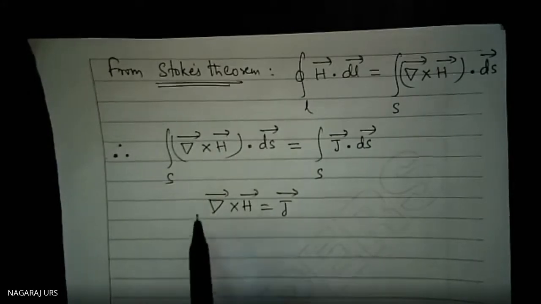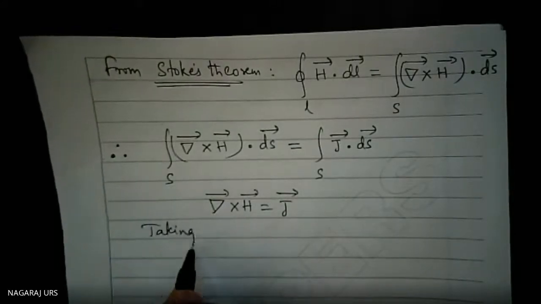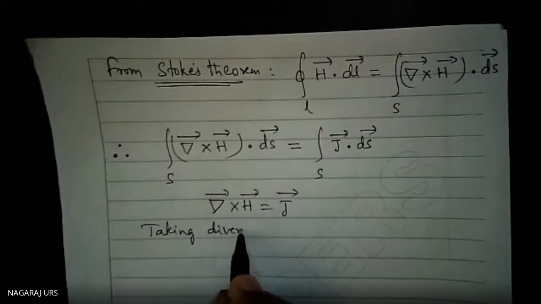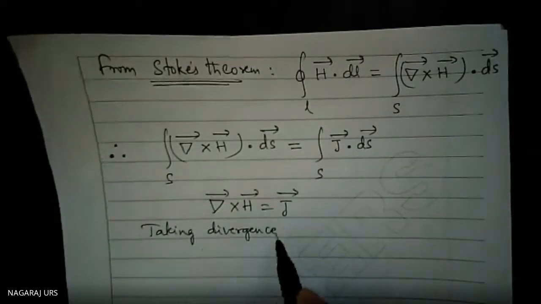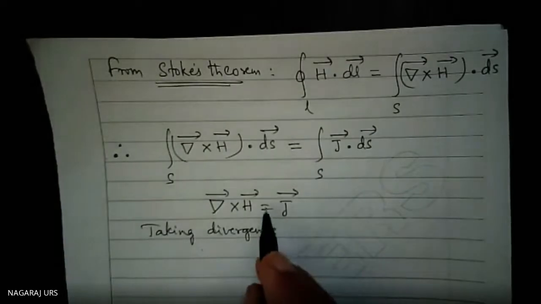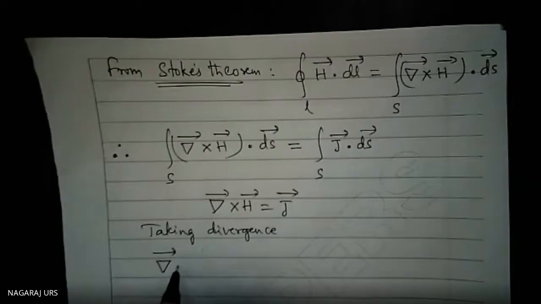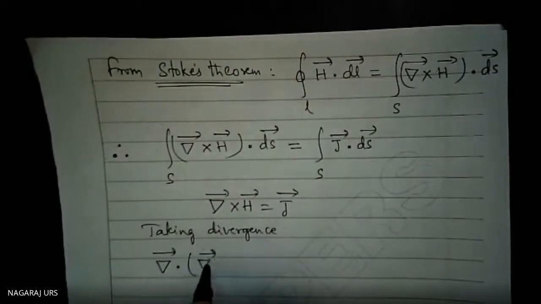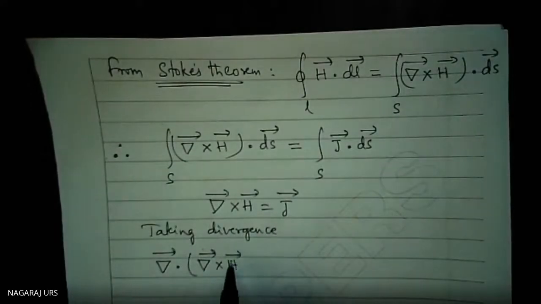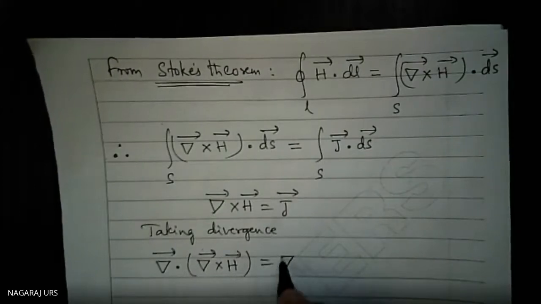Now let us take the divergence here. Whatever I explained now, I will write in the form of mathematics. Taking divergence on both the sides, I can write del dot del cross H is equal to del dot J. You know what divergence is.